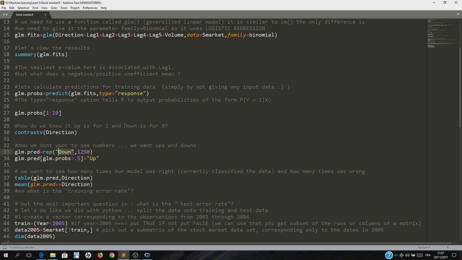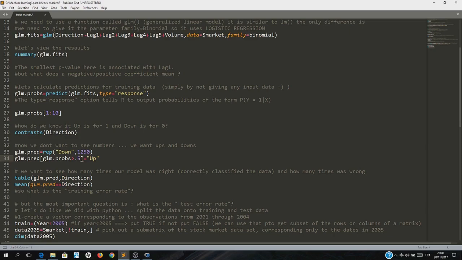We initialize. This is like creating a long vector. We initialize with all downs. The vector is all downs. Then what we do is we take our probabilities. Whenever we find that the probability is more than 0.5, we initialize by up.